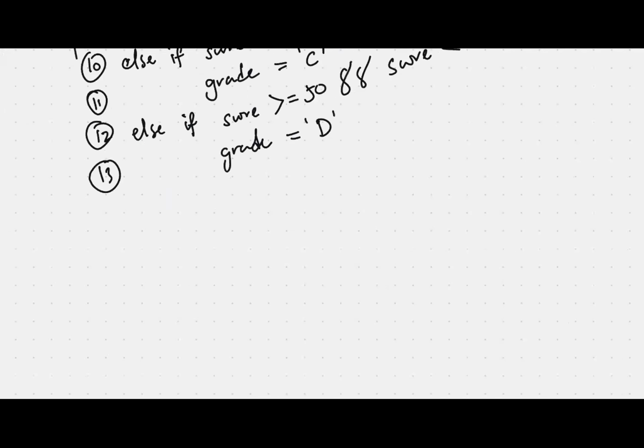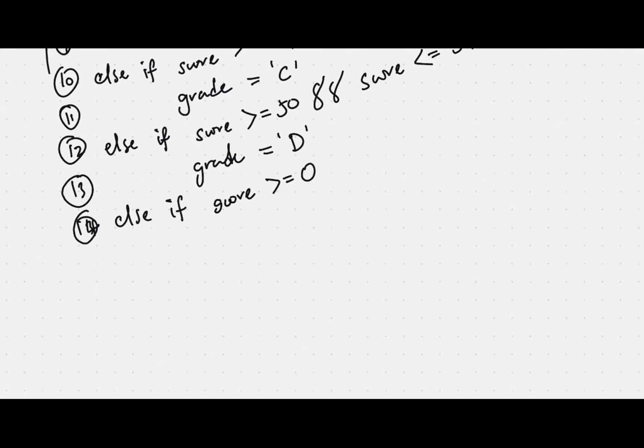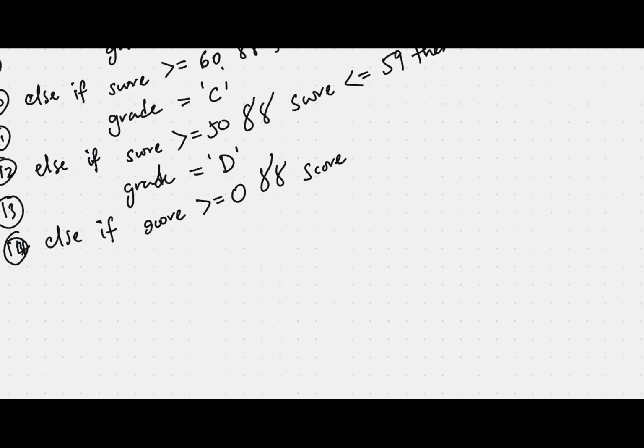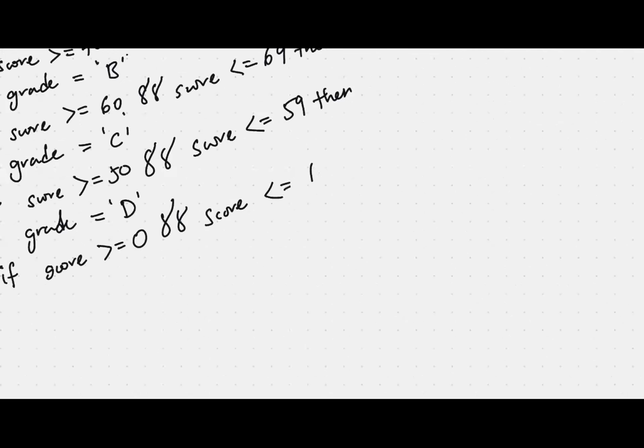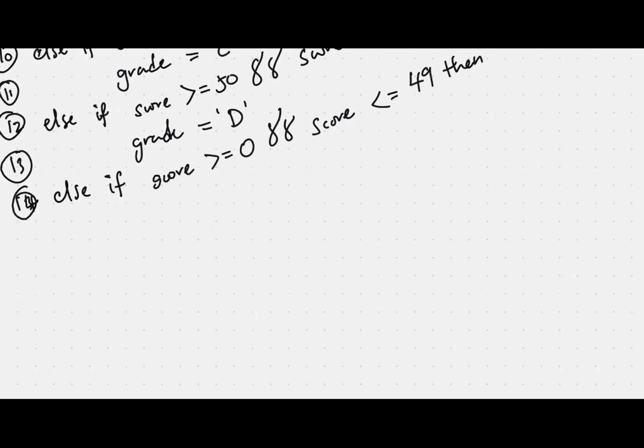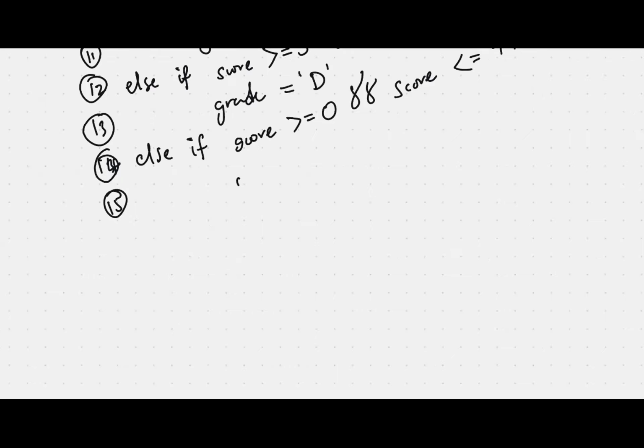So else if score is greater than or equal to 0 and score is less than or equal to 49, then number 15, grade is equal to E, then 16.